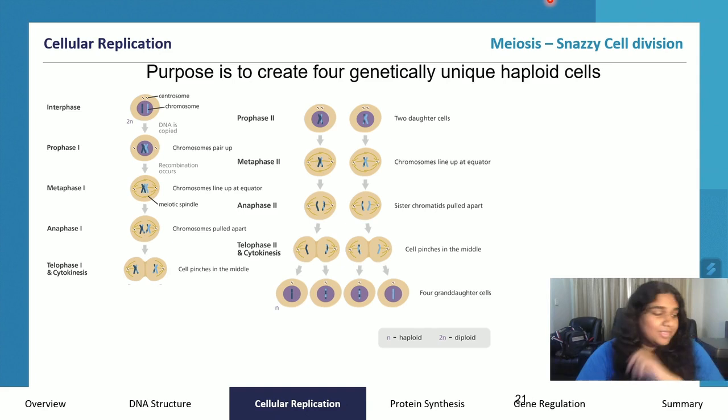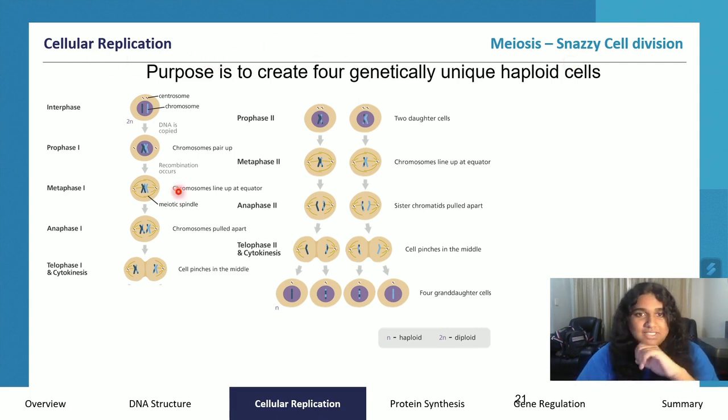So, the more complicated step is our meiosis. This is our process of creating haploid daughter cells for the gametes.